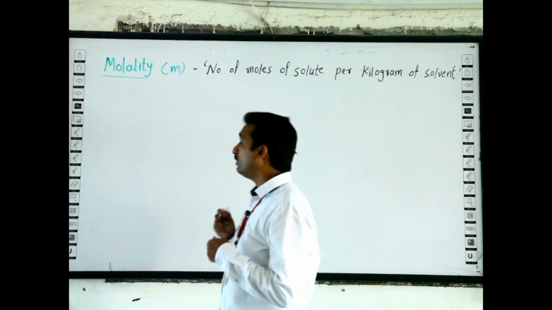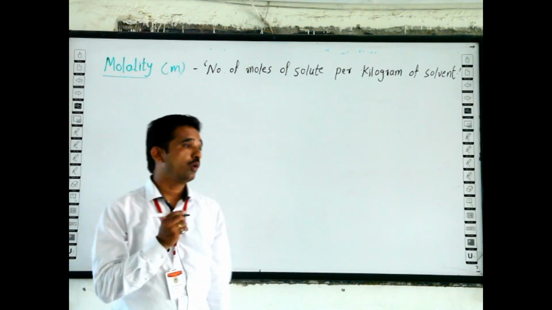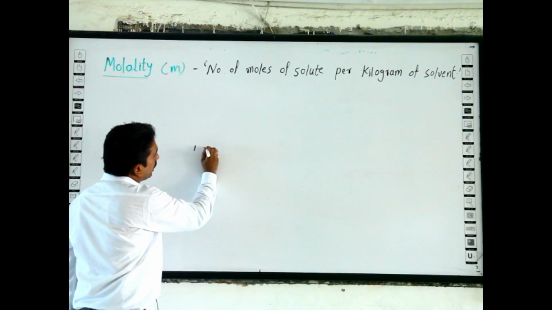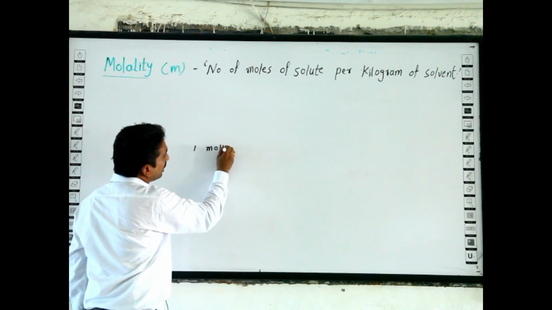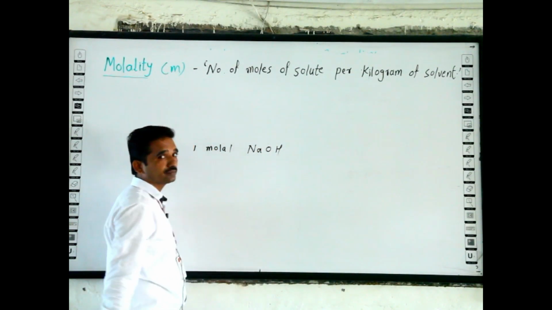How do we make a solution of 1 molal NaOH?